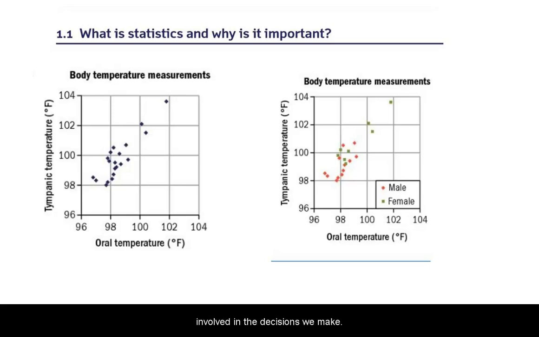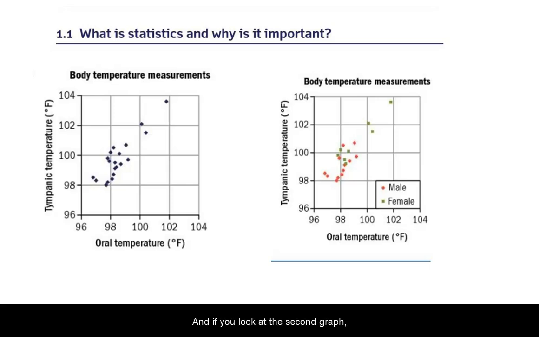This first graph shows the body temperature readings for 20 people. Each person had their temperature taken orally and with an ear thermometer, called a tympanic thermometer. For each person there are variations between the oral readings and the thermometer readings, though they claim to be measuring the same value.